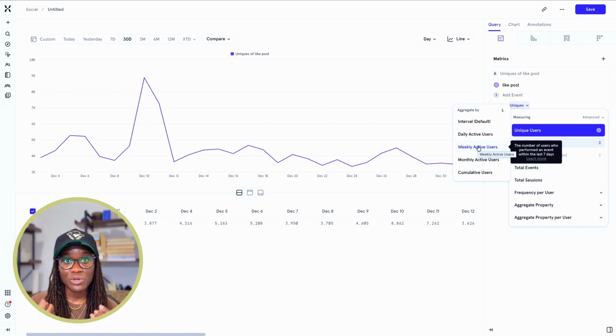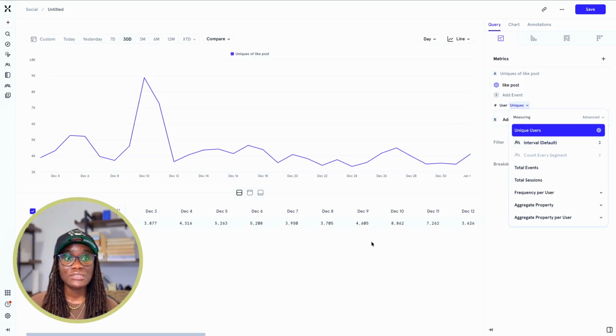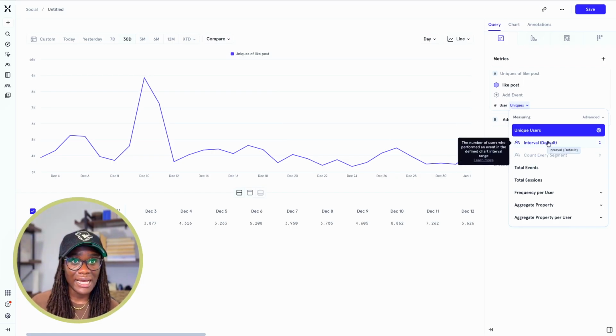And the same happens with your monthly active users. It only measures the number of users that have carried out the event in the past 30 days. And the reason for this is if you are measuring for an event that happened a long time ago and you only want to see the people that are currently active at this point, then you can measure your uniques only based on your daily active users, weekly active users, and monthly active users so that you are able to filter out users that are not active.